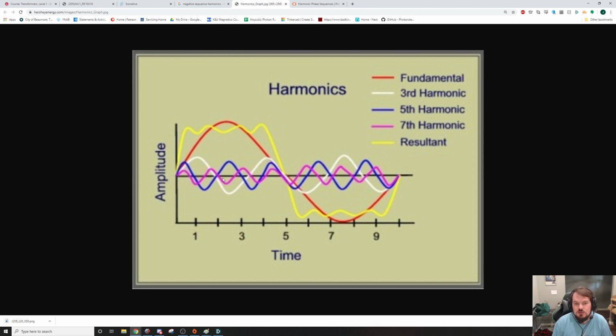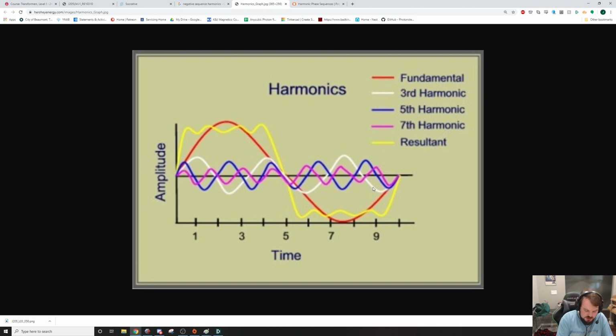The fifth harmonic, 1, 2, 3, 4, 5, has 5. The seventh has 7. And when you combine all of the harmonics together, it creates this weird sine wave.